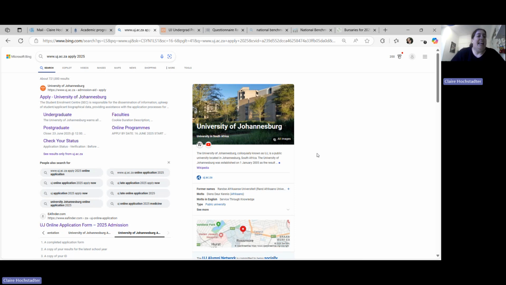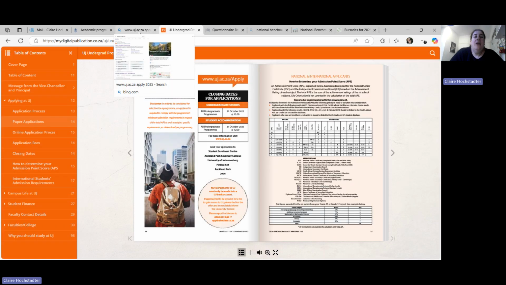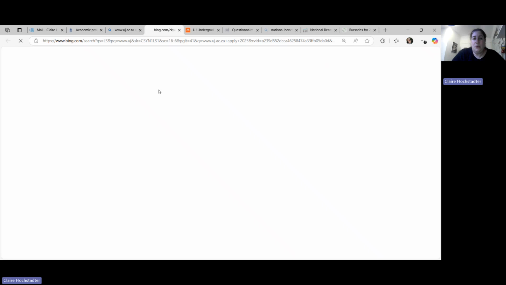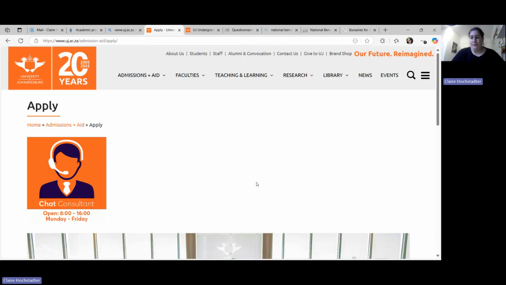So again, here you will see the University of Johannesburg, www.uj.ac.za. And again, just like WITS, a really comprehensive website, which is fantastic. Okay, so I'll take you through the steps before I get there. As per any other, we are going to go onto the actual website, and it is going to start here.